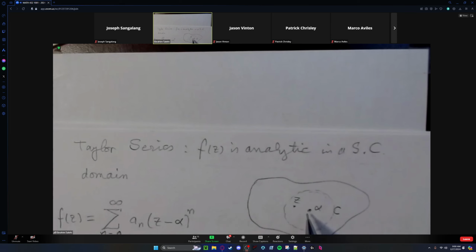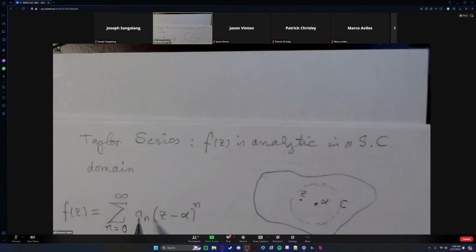If there is no bad point and alpha is in here, you can have a power series centered at alpha. The question always is, what about this a_n?